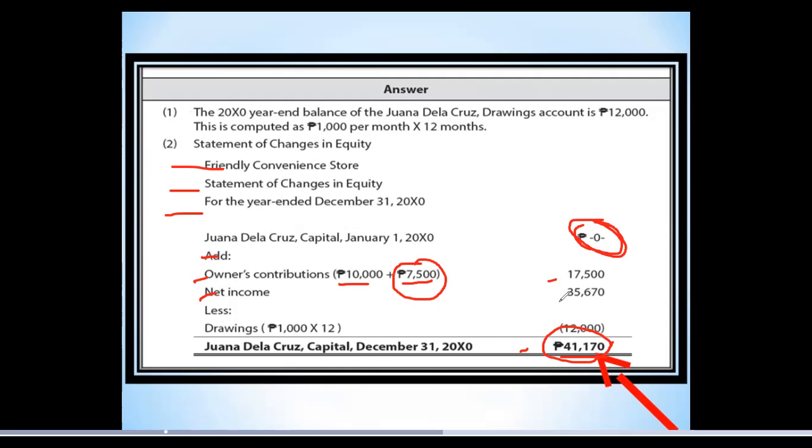Net income of 36,670, less drawings. How much are our drawings? 12,000. So we have a total of 41,170. That is the answer in our example question.